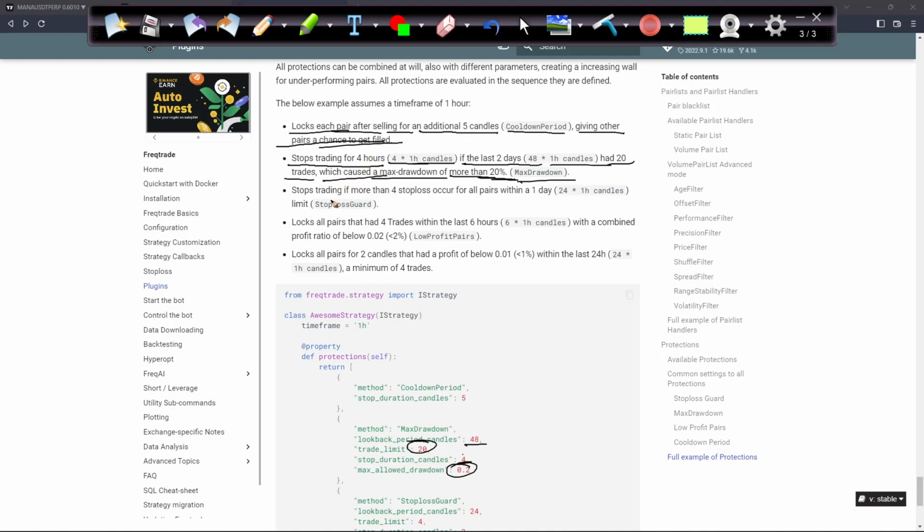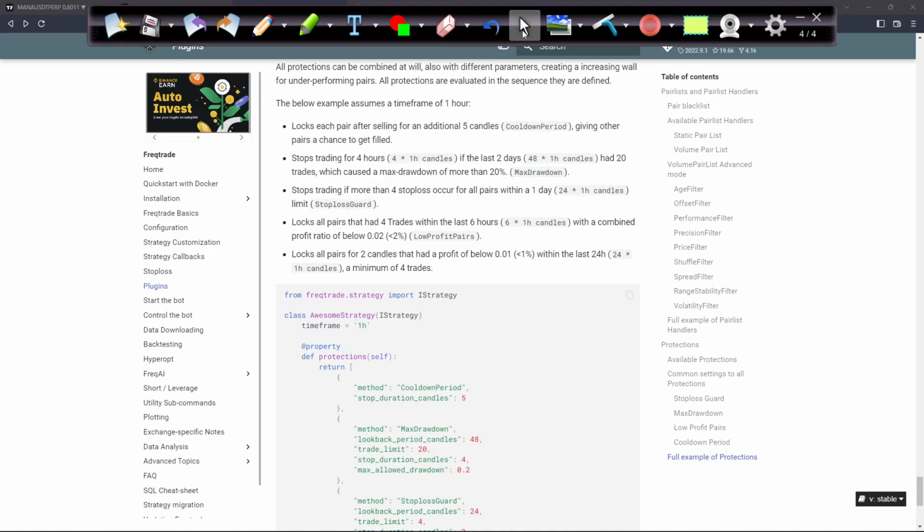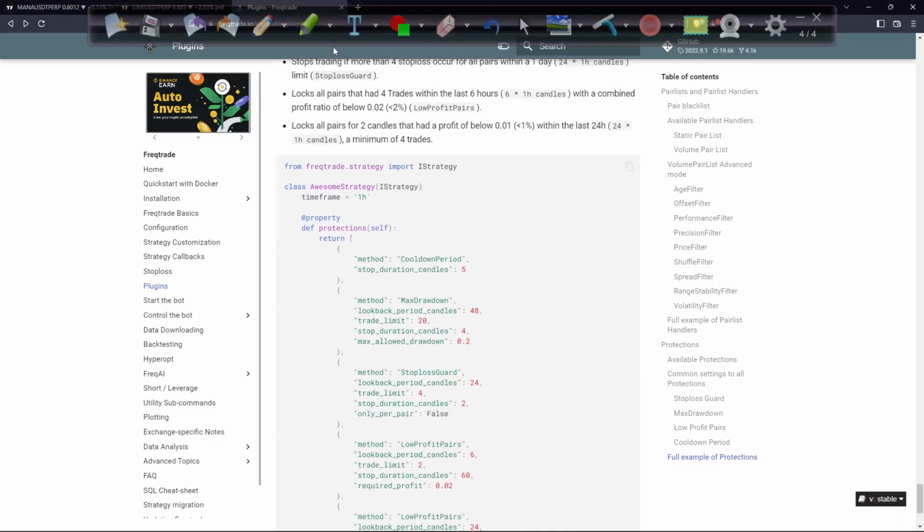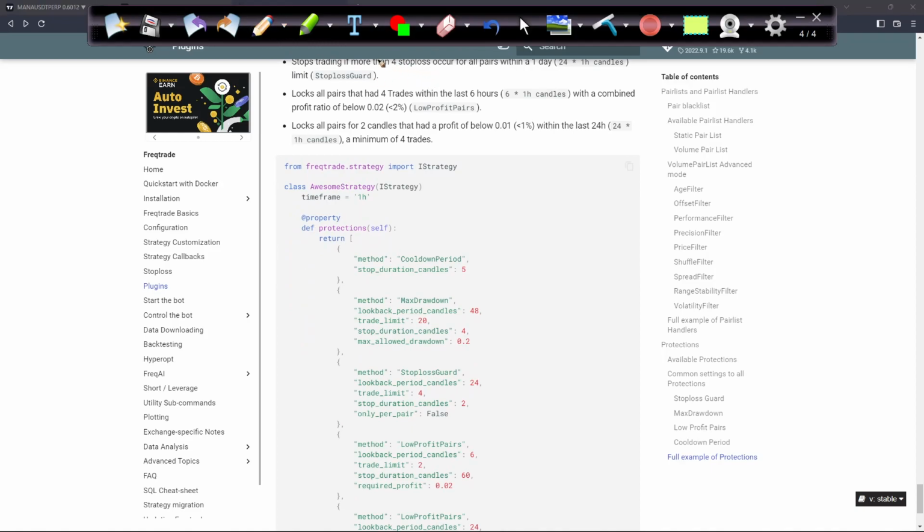Now, stop trading if more than 4 stop losses occur for all pairs within 1 day, which is 24 times 1 hour candles. This is the stop loss guard. So it stops trading if more than 4 stop losses occur for all pairs within 1 day.